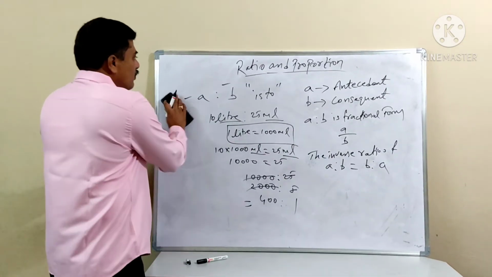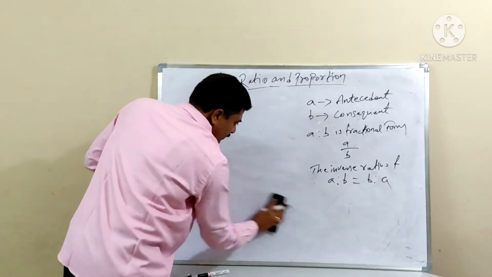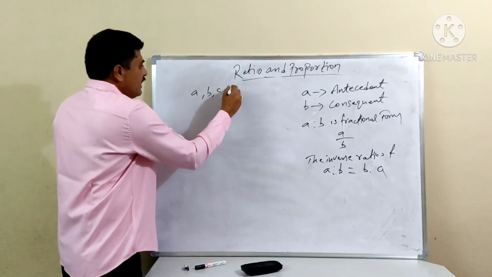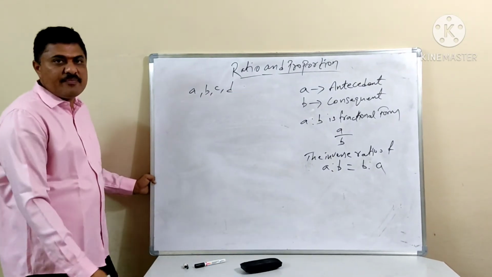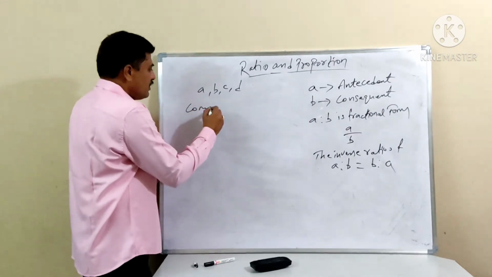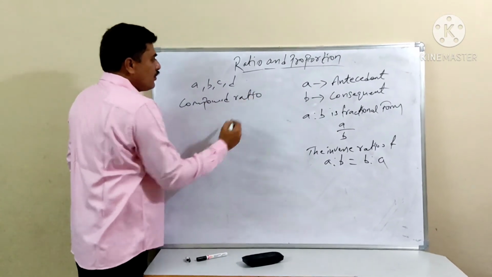Now, one more ratio you see, that is compound ratio. Here A, B, C, D, four quantities are there. Now I am saying what is called compound ratio. How to find the compound ratio of four quantities?